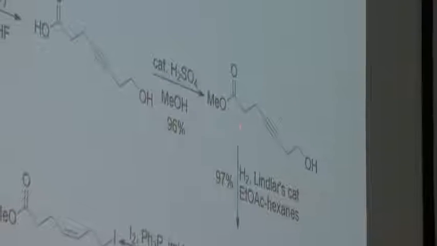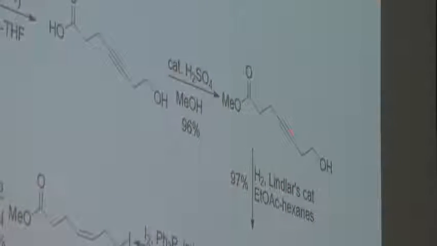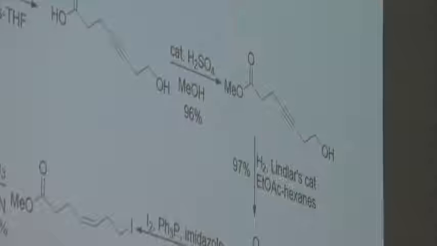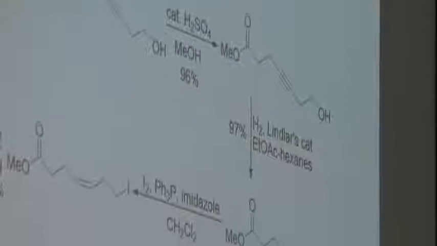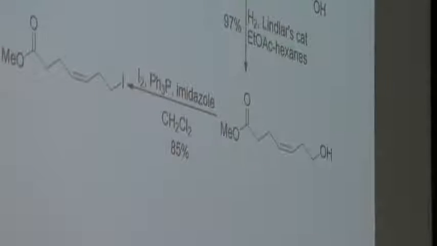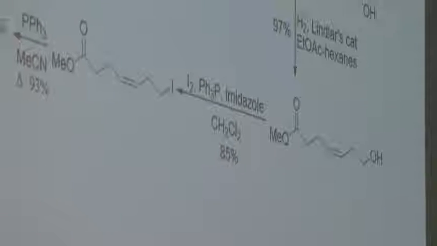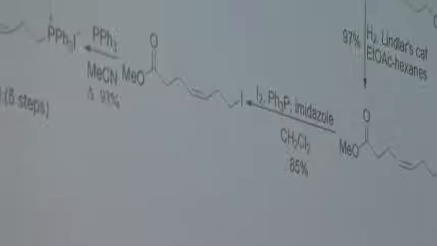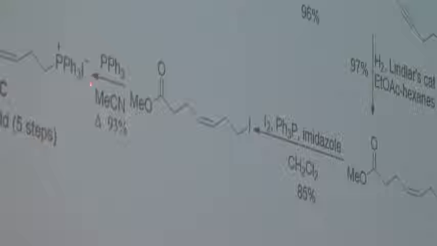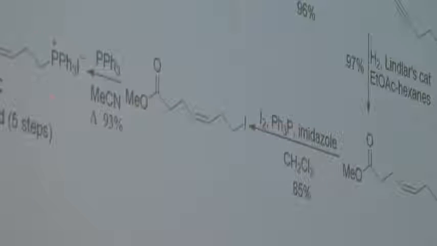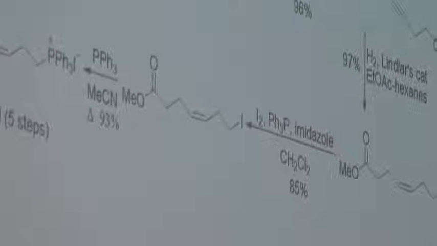The synthesis continued with esterification, and then this triple bond was reduced by Lindlar catalyst to this cis-olefin. The alcohol function was replaced by iodine using this Appel reaction. And finally, the phosphorus part of the molecule was introduced by an SN2 reaction.